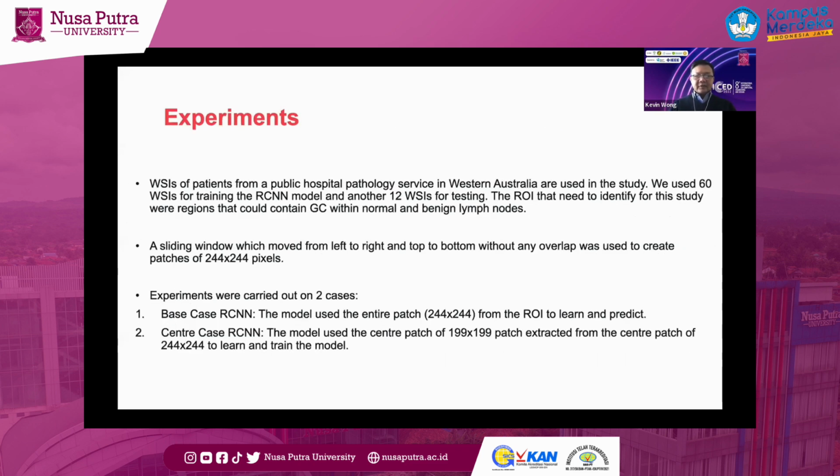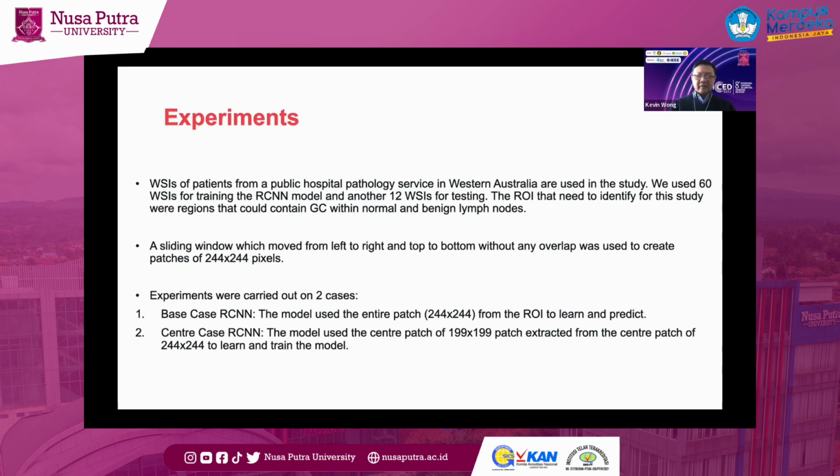So let's look at the experiments that we have and how that can be used. So WSI patients from a public hospital in Western Australia are used in the study. So they give us 60 WSI for training, and then after that, we use the trained model to test on the 12. So there are 2 steps in these studies.